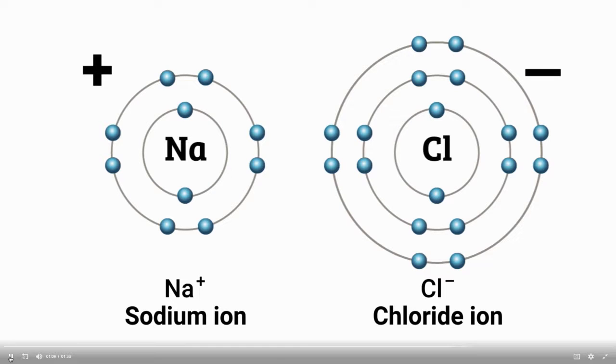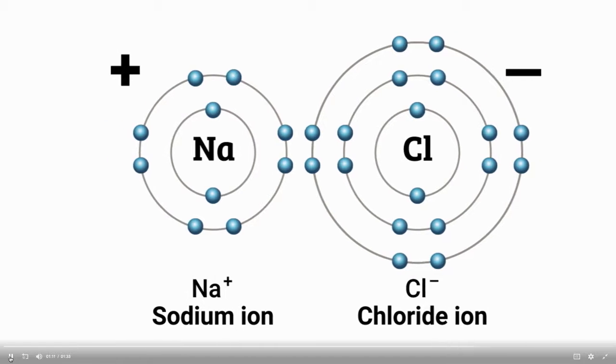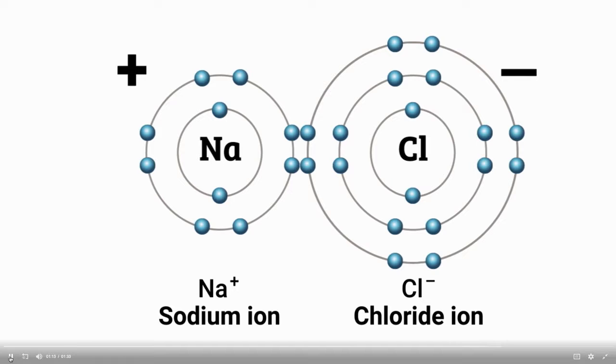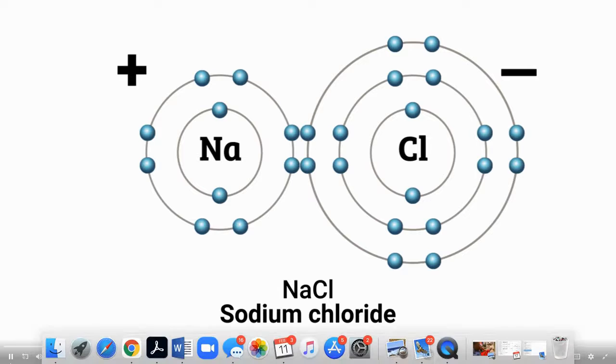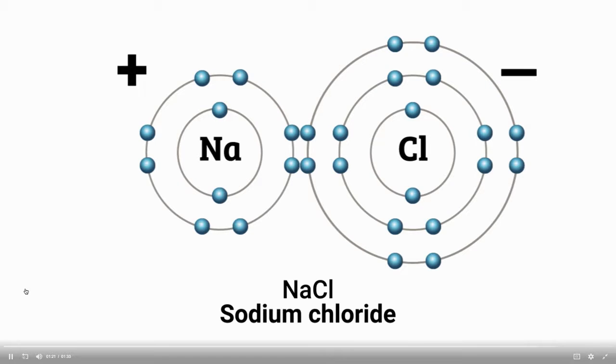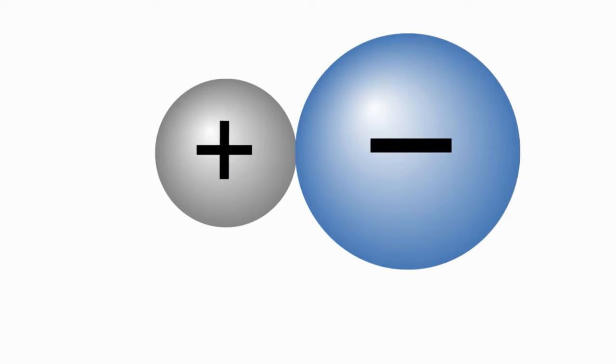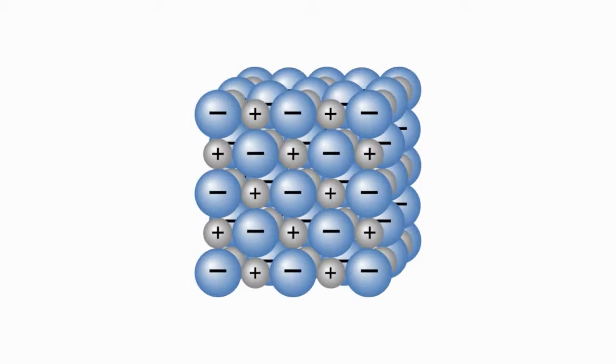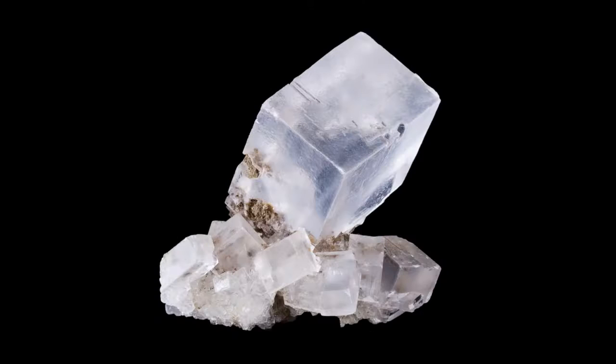The opposite electrical charges of the 2 ions pull them together and hold them with an ionic bond. A chemical reaction has occurred, and the chemical compound sodium chloride, or table salt, has formed. Pairs of ionically bonded sodium and chloride ions stacked neatly together form the 3D structure of this cubical salt crystal.